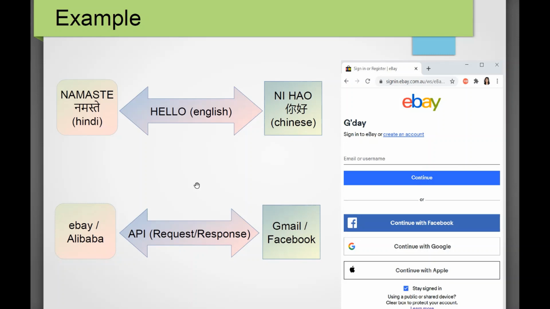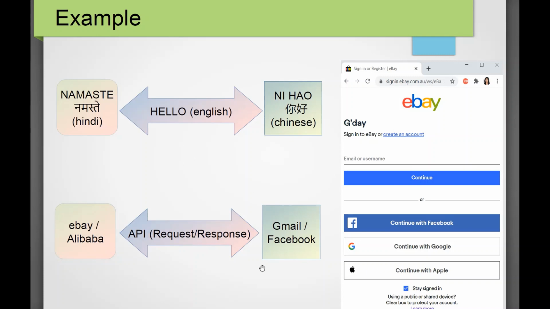You can see that eBay and Gmail are both different applications. In a real environment, in India we say namaste, in China we say ni hao, but Hindi people cannot understand the language of Chinese people, so they use a common language, that is English.